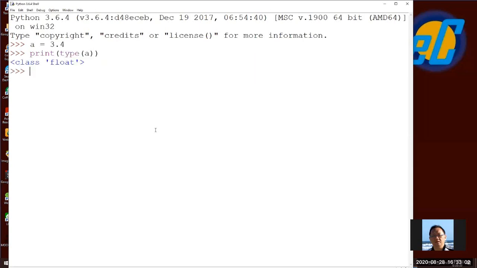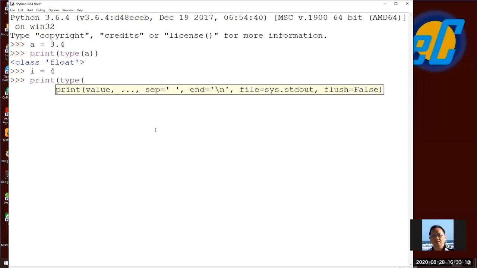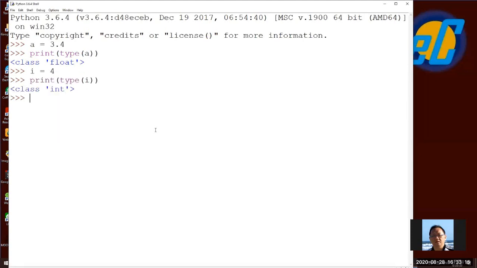I think I showed you this before, so it's a floating point type. Then we do i equals 4, and print the type of this number i. It would be integer, right?